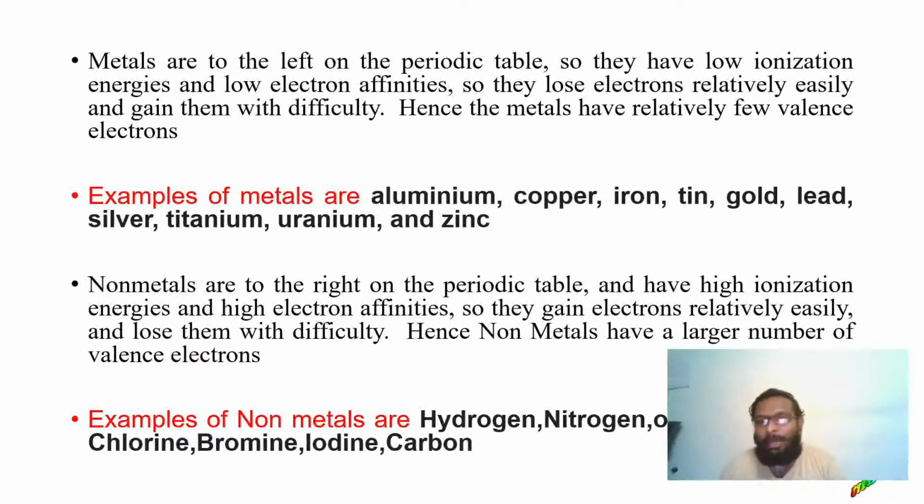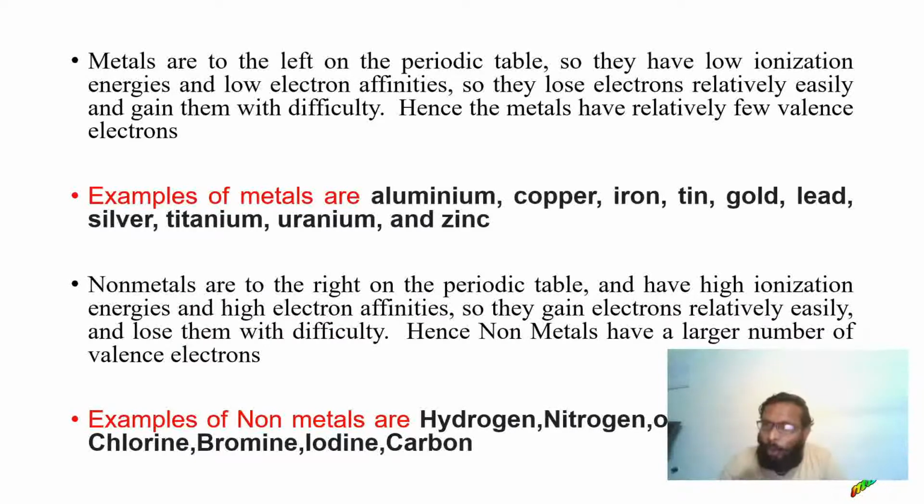Say for example aluminum and copper, these are good conductors of electricity. In electricity, conduction is nothing but passing the current from one place to another. The basic definition of current is the movement of electrons from one place to another. Aluminum and copper are good metals which have low ionization energy.